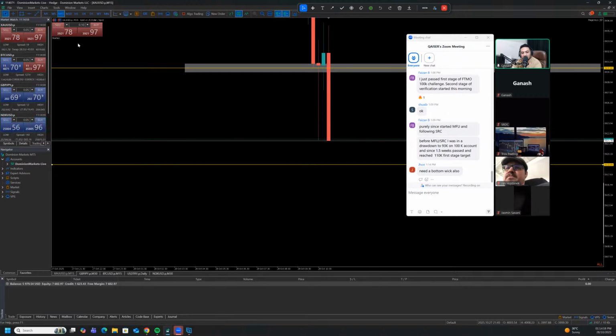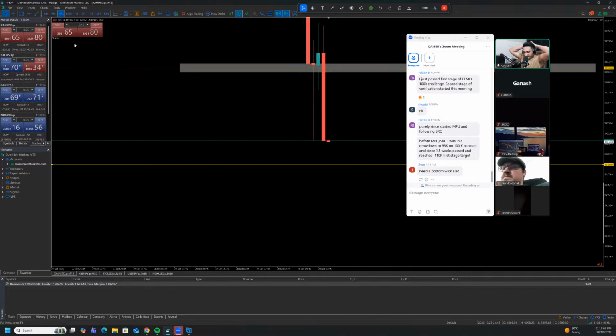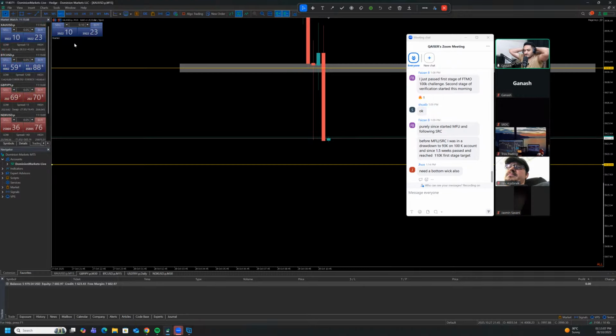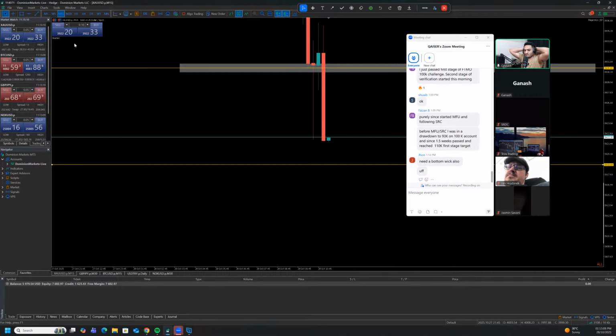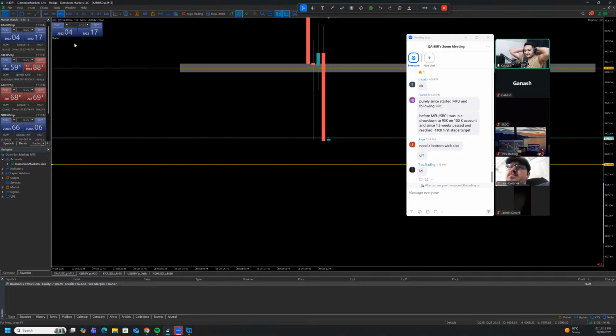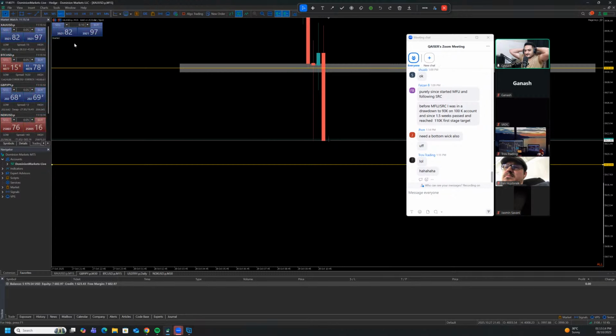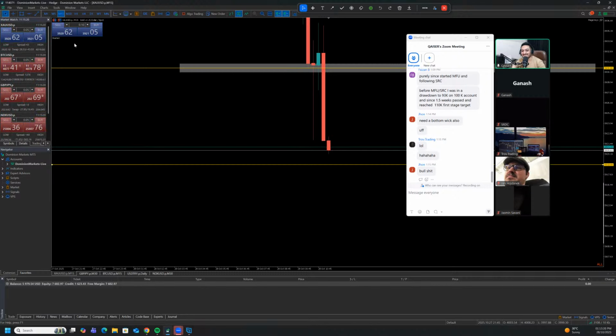Wow, I did not want to see this candle. Damn. No bottom wick, exactly. I'm really very interested in this sell, to be honest.